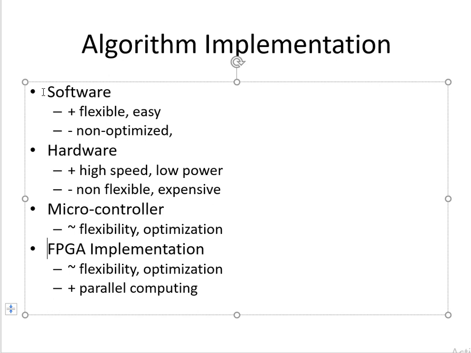But FPGA has a very special facility. It is very proper for parallel computing. Parallel computing means that you can have many processing elements that work in parallel with each other. Then this method of implementation is very good for a high velocity of processing, a high amount of processing.